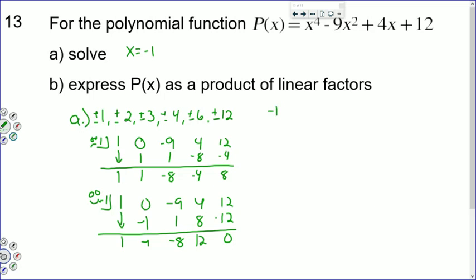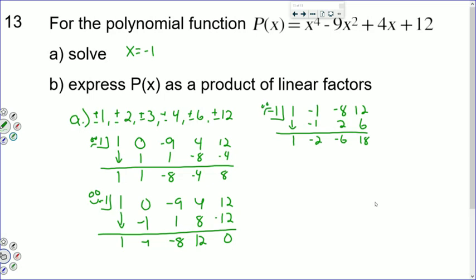So negative 1, we have 1, negative 1, negative 8, and 12. Bring down the 1, negative 1 times 1 is negative 1, negative 1 and 1 is negative 2, positive 2, negative 6, 6, and 18. So negative 1 did not work again.